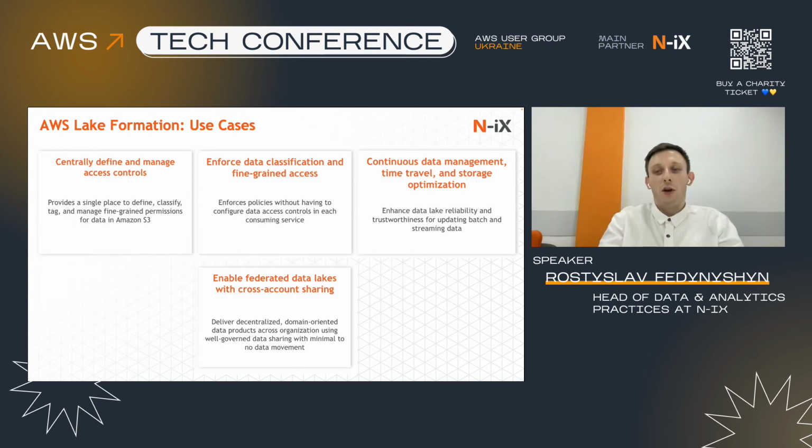Also, we have auto compaction of small files to enable push down filters to reduce data scans and improve query performance. And finally, we have delivering decentralized domain-oriented data products across your organization using well-governed data sharing with minimal to no data movements.